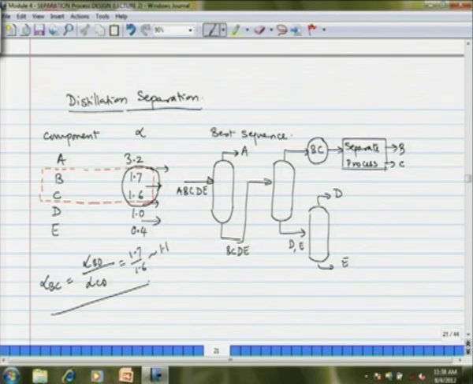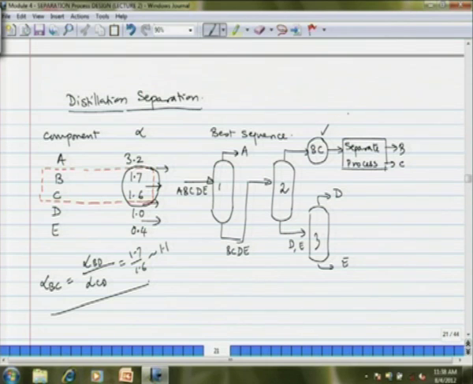In this column, the top product is a mixture of B and C. As I said, when components have very close boiling points, or alpha very close to 1, treat those 2 or 3 components as a single entity. So, we take off BC together at the top of column 2, and then the remaining 2 components, D and E, flow to the third column, and they are split as individual components D and E.